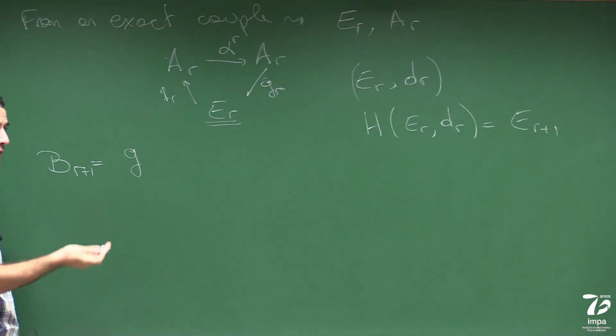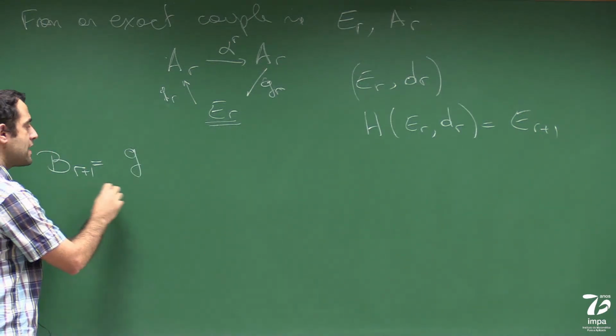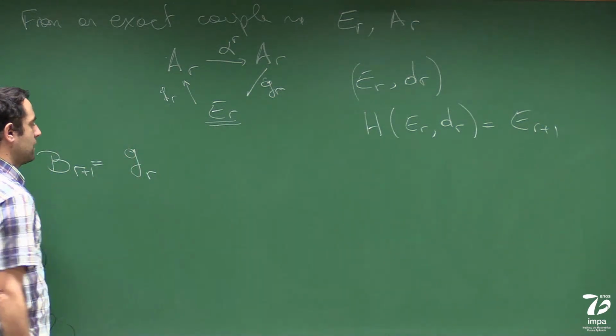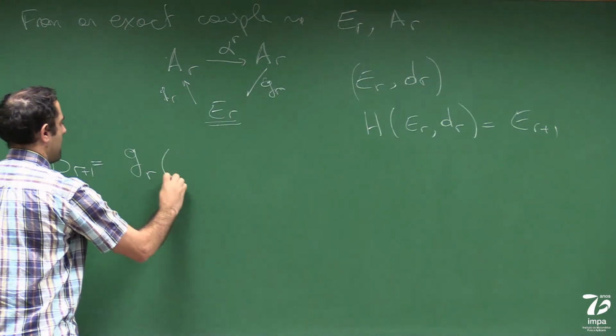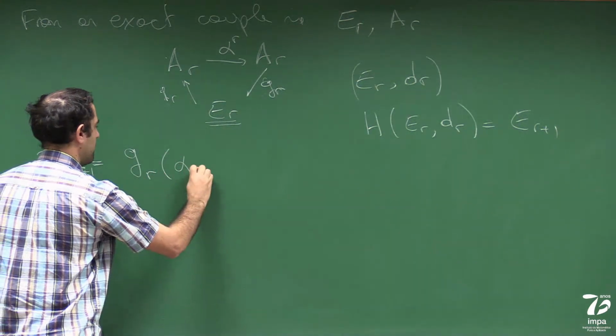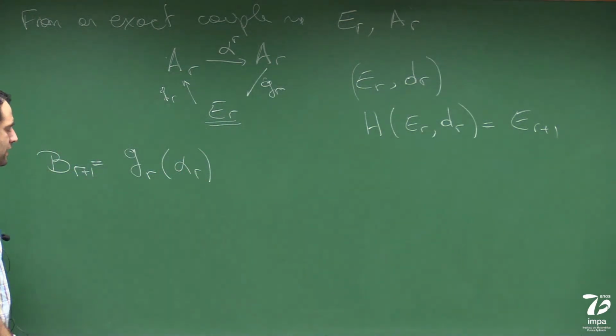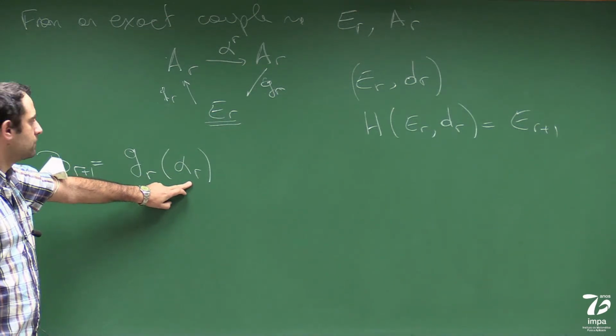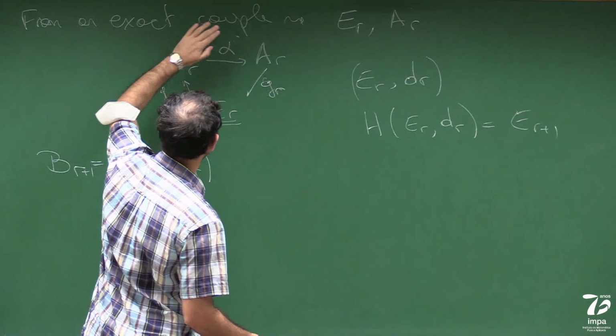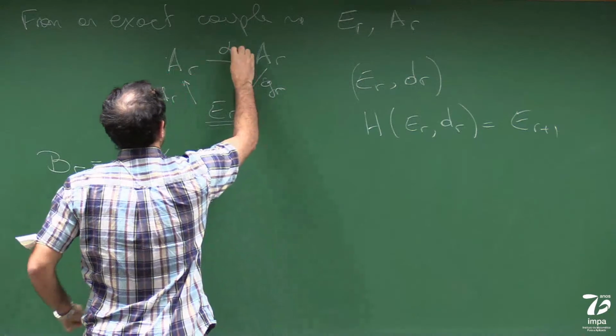Let's suppose that I defined B^r already, and so I look at this as G_r of alpha^r of A. I think I'm using upper and lower indices everywhere.